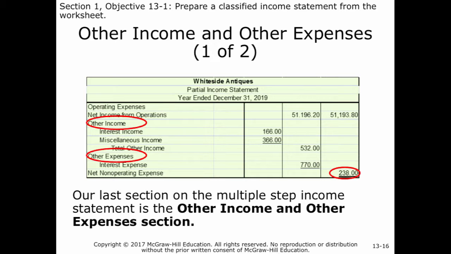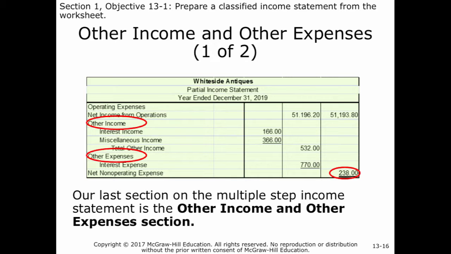Now, keeping operating and non-operating income separate helps financial statement users learn about the operating efficiency of the firm. So our last section on the multiple step income statement is categories such as other income or other expenses in the section if it applies.